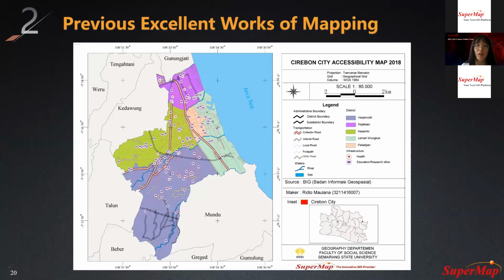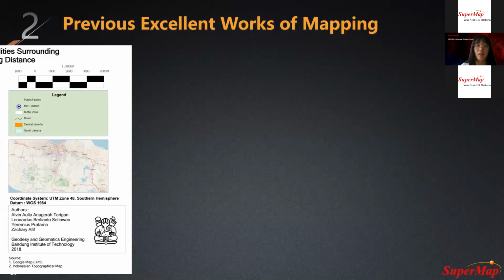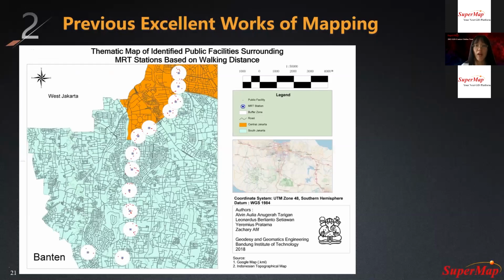And for this one, we can see that the road system on the base map is much more complex, but the author is very smart.